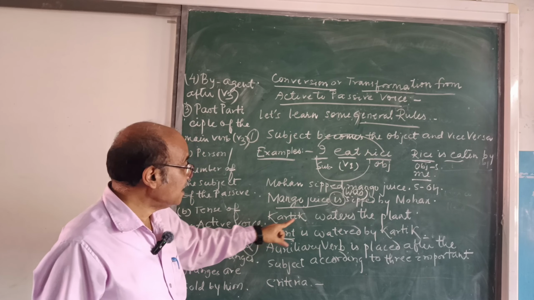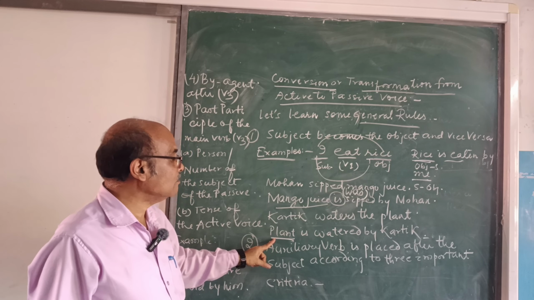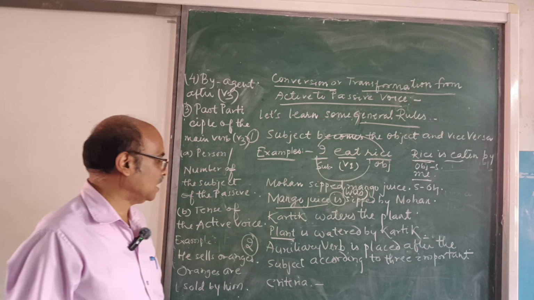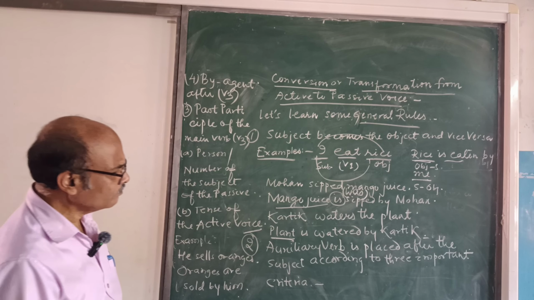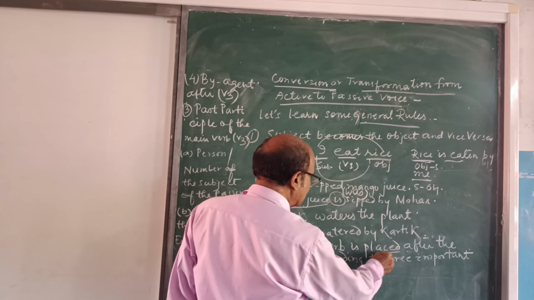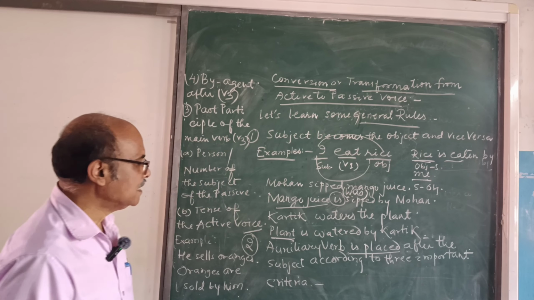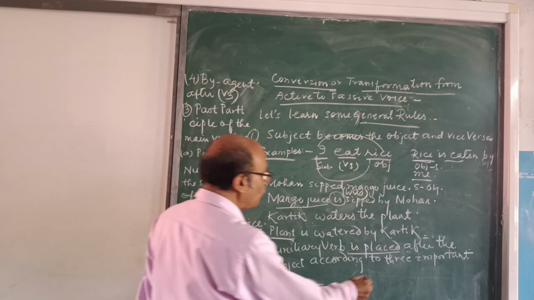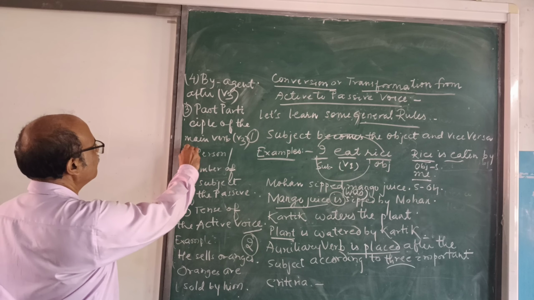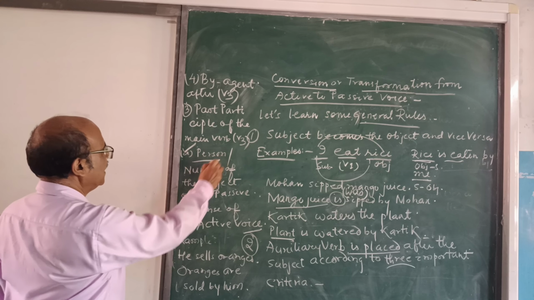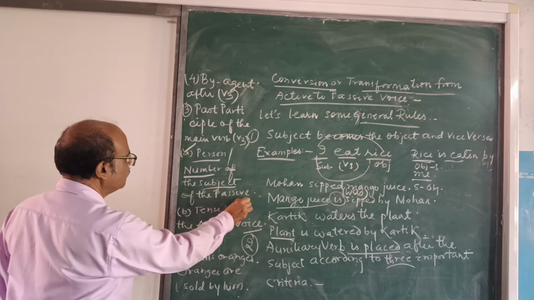Then Karthik waters the plant. Here plant becomes the subject and Karthik becomes the object. Second rule is your auxiliary verb is placed after the subject according to three important criteria which you have to remember. First is the person and number of the subject of the passive voice.